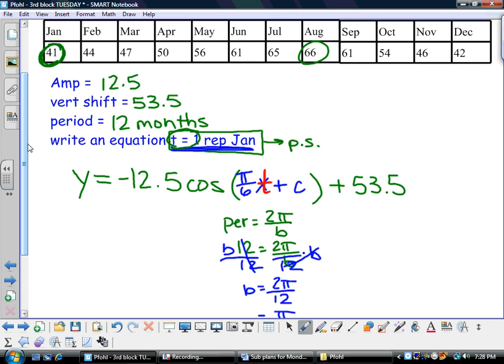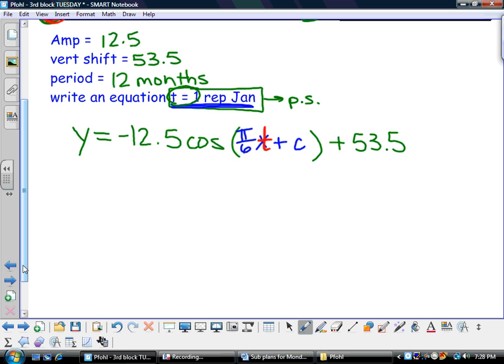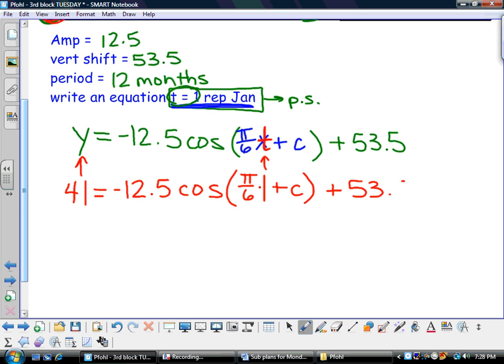If t=1 is going to represent January, that means when I put 1 in for t, I should get 41 for my y value, because that's what the temperature is in January. So I'm going to plug that into my graph. I'm going to put 1 in for t and 41 in for y. And I'm going to try to figure out what value c should be. 41 equals negative 12.5 times the cosine of pi over 6 times 1 plus c plus 53.5.